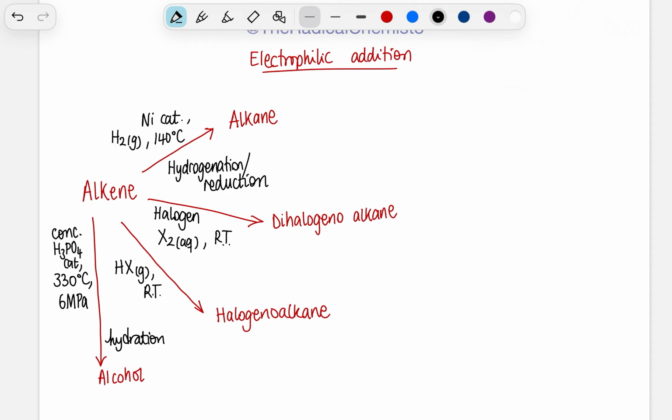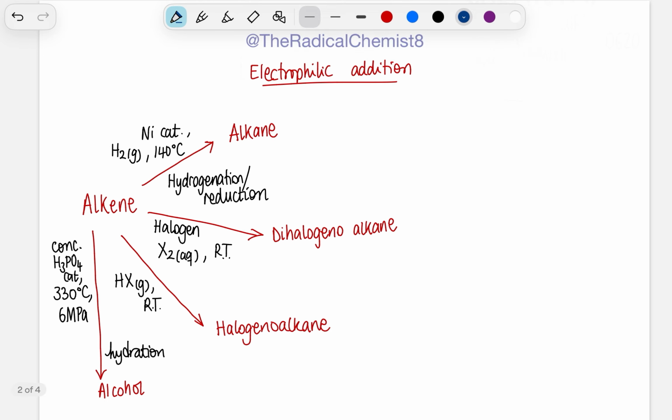So before I move on to the actual curly arrow mechanisms, I would like to go over some keywords that you need to use in organic chemistry. So whenever you're looking at a mechanism, you need to be able to identify the nucleophile.